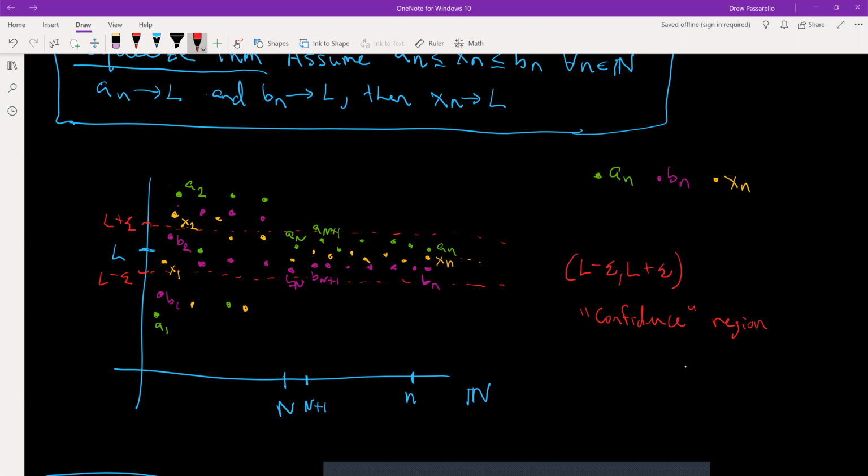And again, eventually the terms get within epsilon distance of the limit L, so they are within this confidence region.